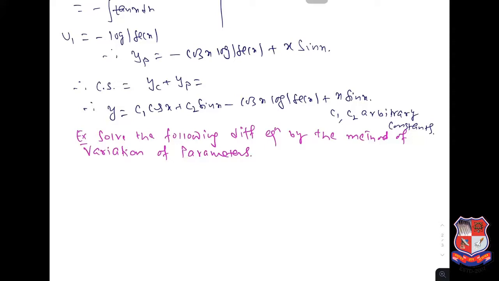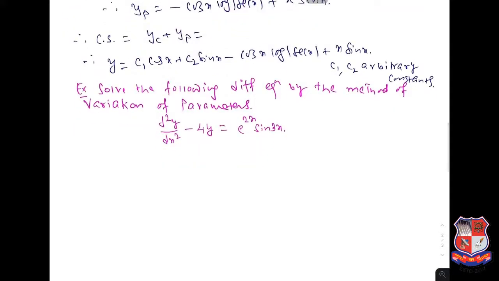And the equation is d square y by dx square minus 4y equal to e power 2x sin 3x. Okay, so let us now solve this.